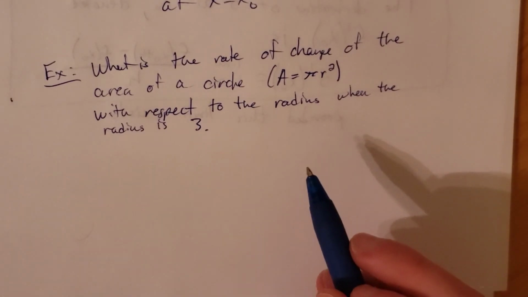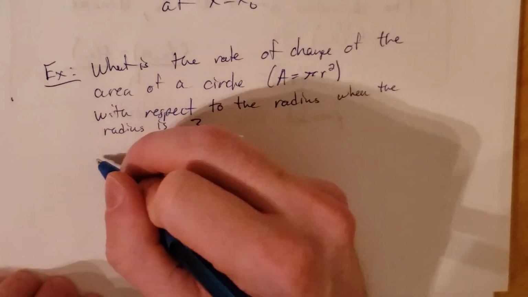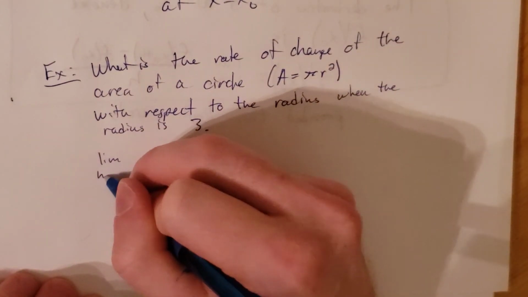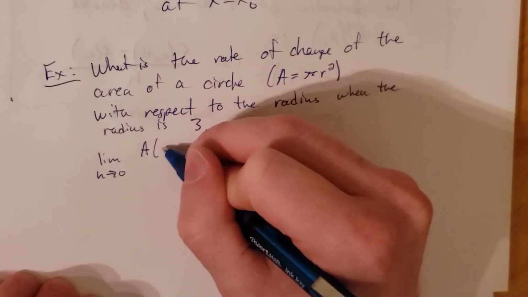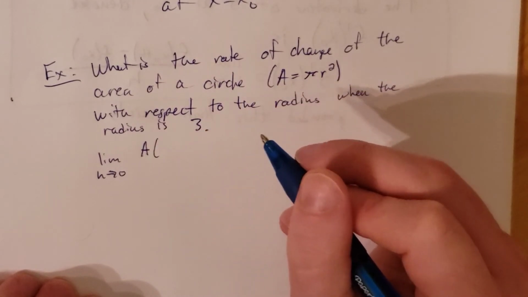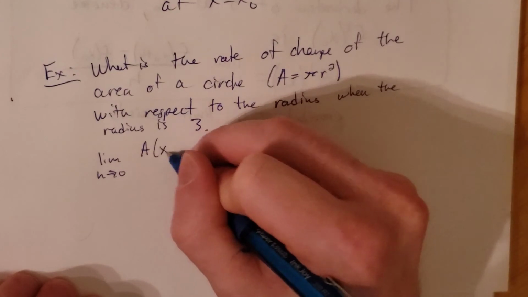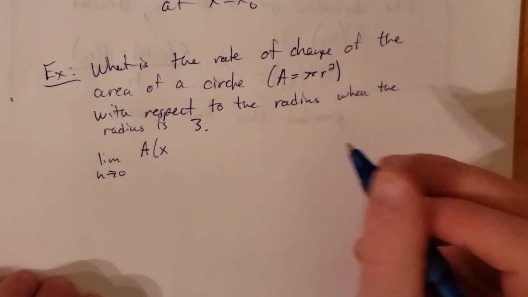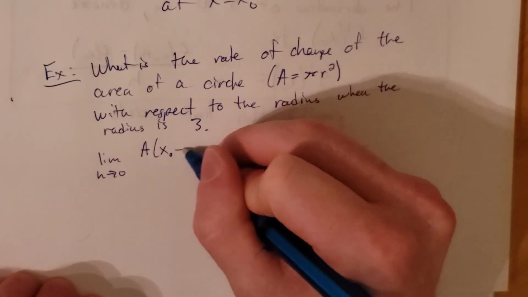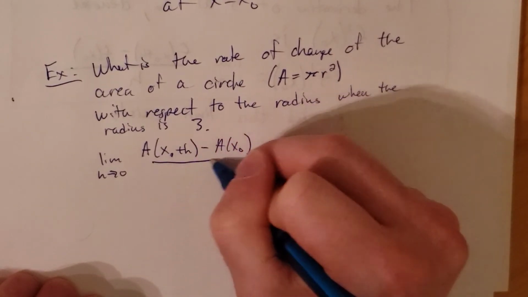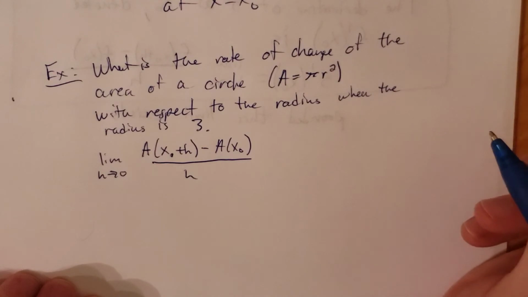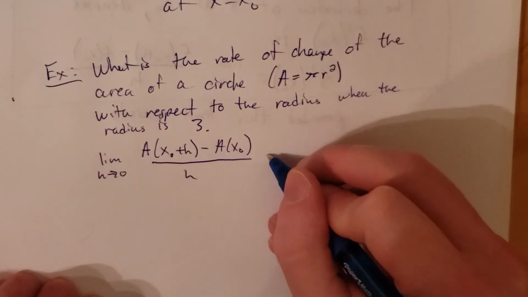Well, how do we do that? That is exactly the limit as h goes to 0 of the area function evaluated at x naught plus h, minus the area function at x naught, all divided by h. Well, what is this?